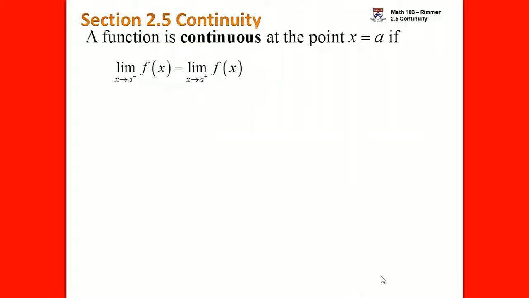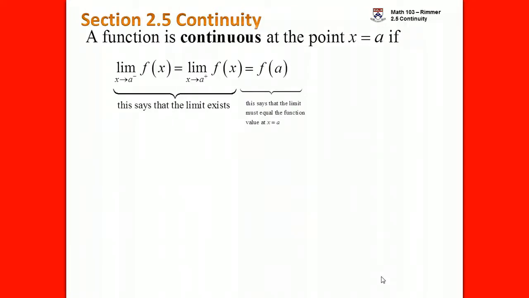If the left-hand and right-hand limits agree, then the limit exists. There's one more equality, though. We add an extra equality onto that: it has to equal the actual function value at x equals a. So the limit has to exist, and it has to be equal to the function value. That's what it means to be continuous at a point.